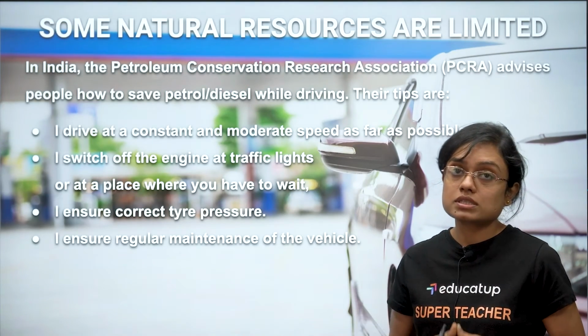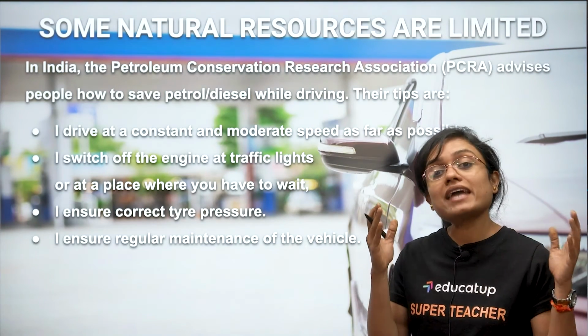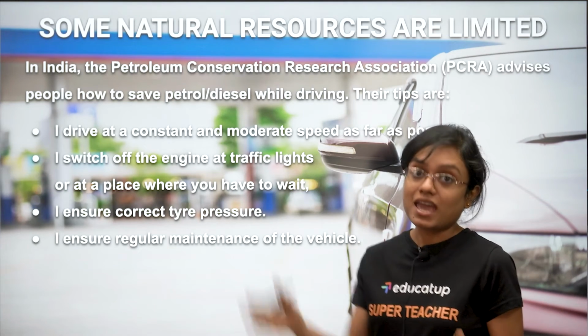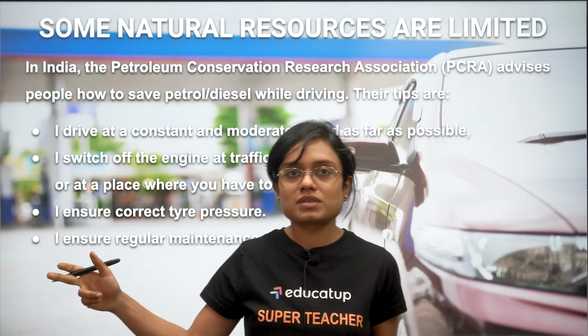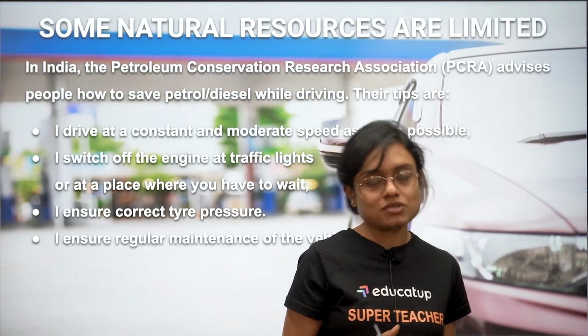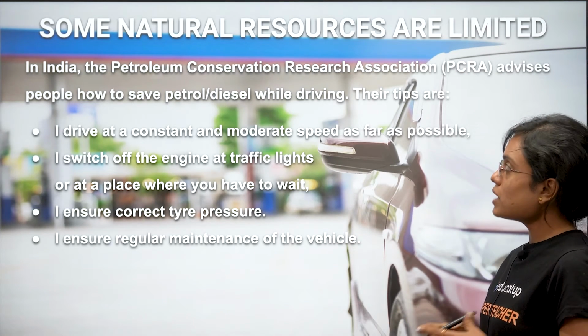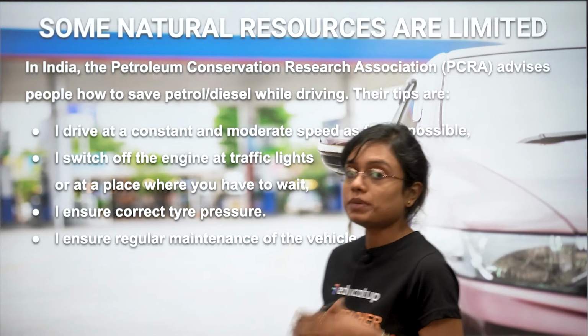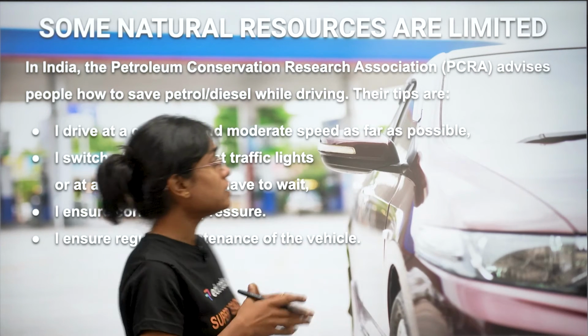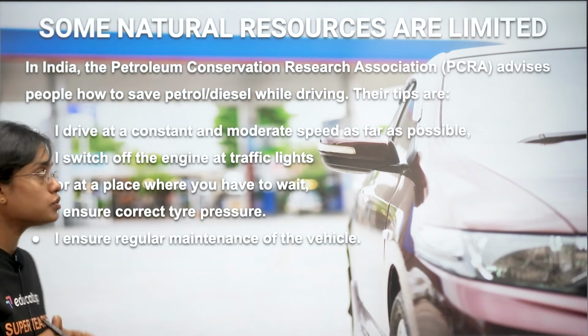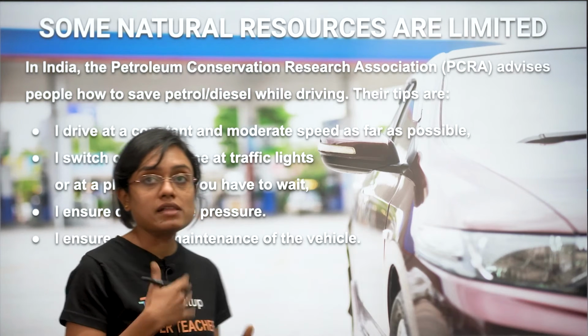Some natural resources are limited because they are exhaustible natural resources. This is the concept we are taking from the starting about the exhaustible natural resources. So, in India, the Petroleum Conservation Research Association, PCRA, it advises people how to save petrol or diesel while driving.